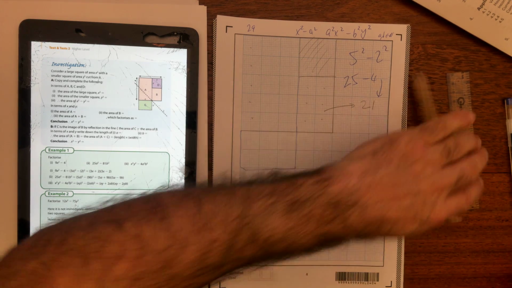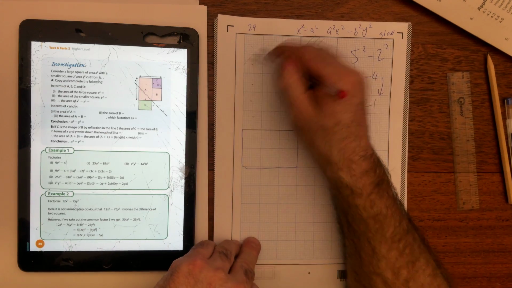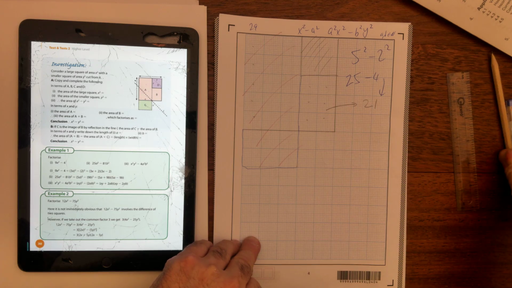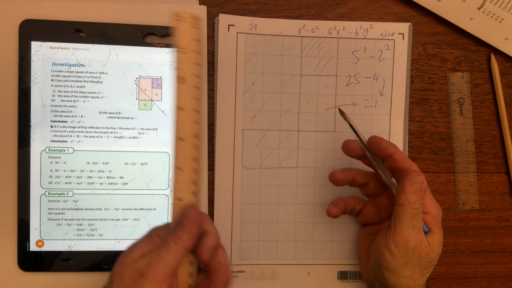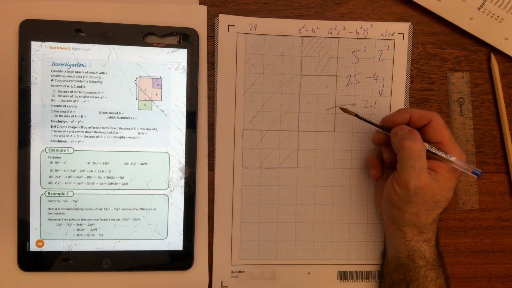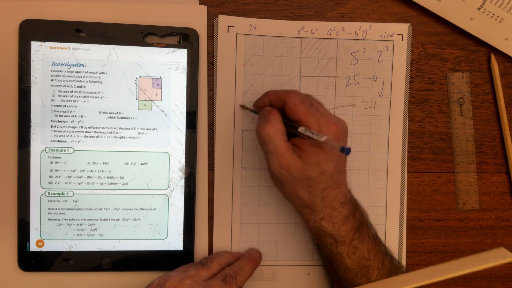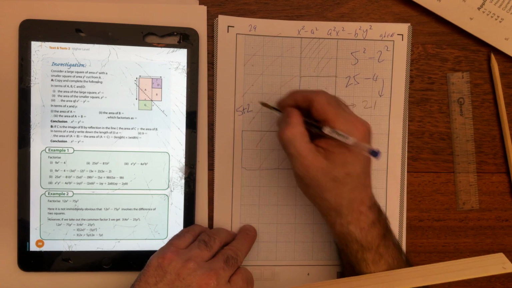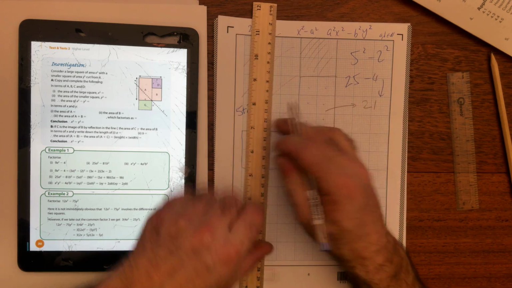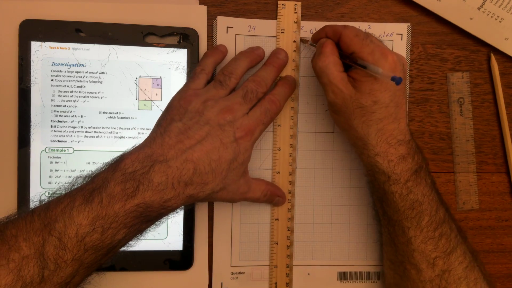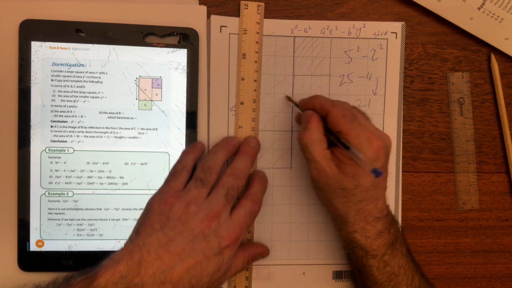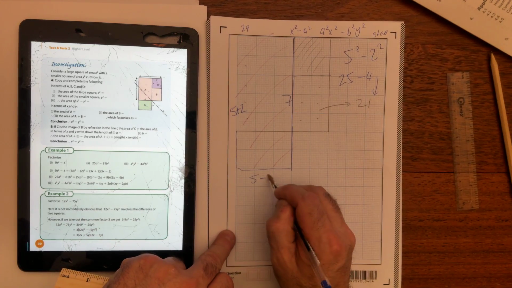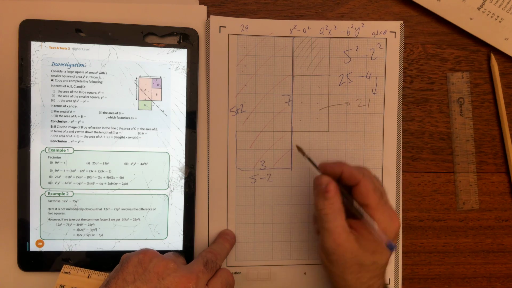Now this rectangle has the same value in area as this L. The height of this is 5 plus 2, which is 7 boxes, and the width is 5 minus 2, which is 3 boxes.